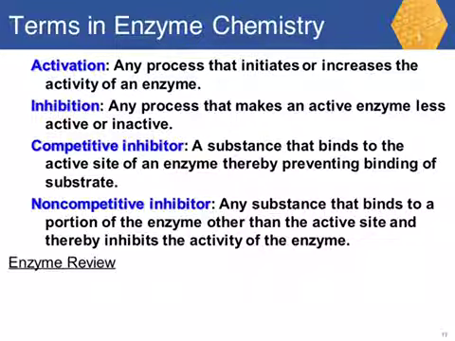Okay, some important terms in enzyme chemistry. Activation: any process that initiates or increases the activity of an enzyme. Inhibition: any process that makes an enzyme less active or inactive.